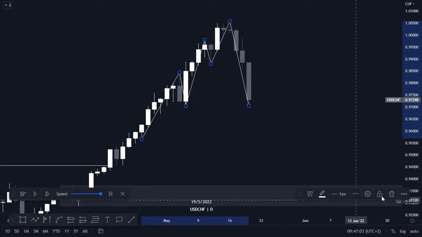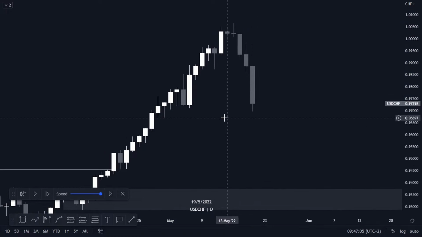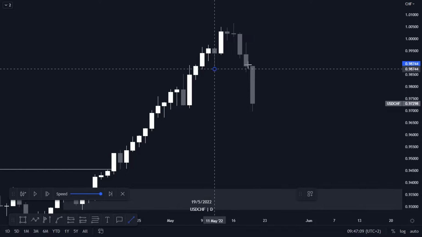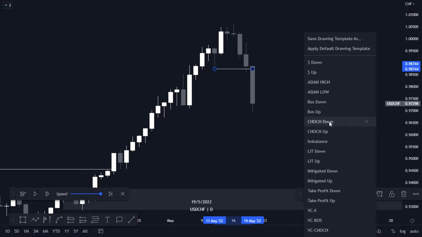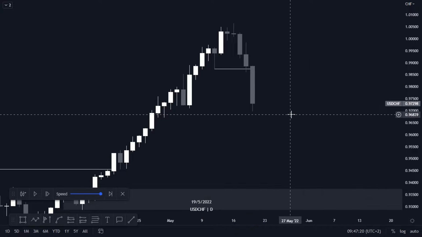Okay, now let's see how we can go about this. We can see here we have a change of market character.